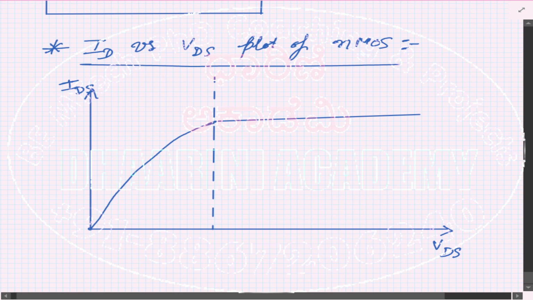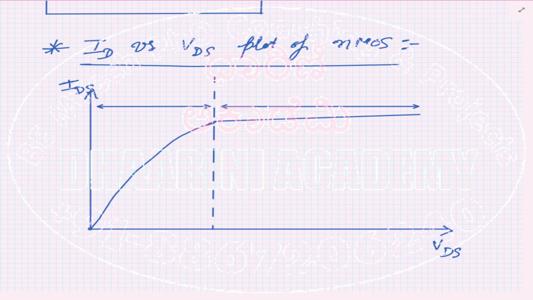Now, the regions of operation of the MOSFET can be decided by just looking at this graph. So just see here, this particular region has a name and this region has another name. The names are like this, right?